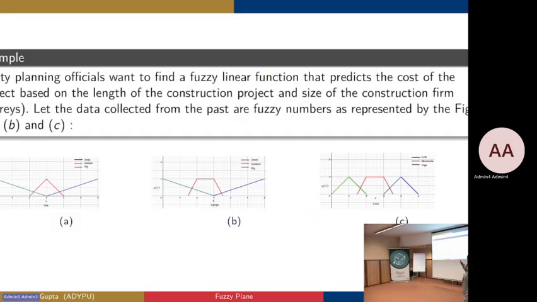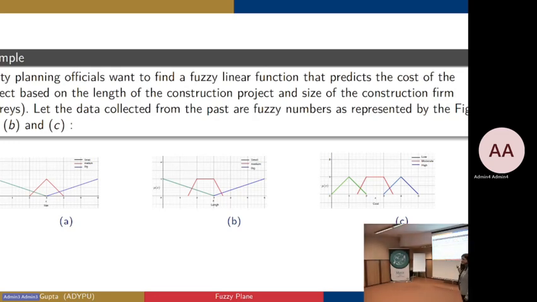But in the generalized case, suppose there is another example. City planning officials want to find a fuzzy linear function that predicts the cost of a project based on the length of the construction project and the size of the construction firm. And these are the previously given data. So how can we predict the cost based on these data?